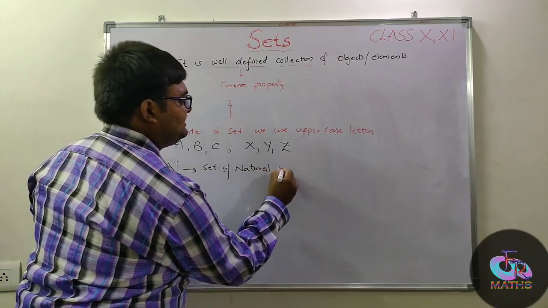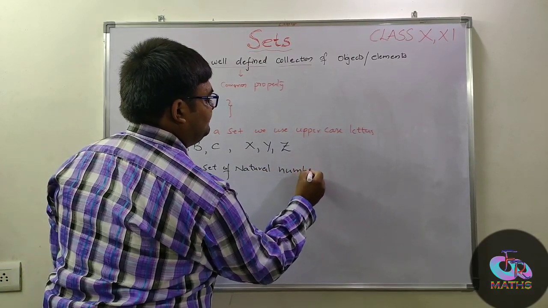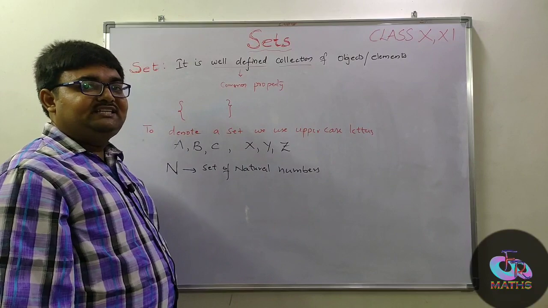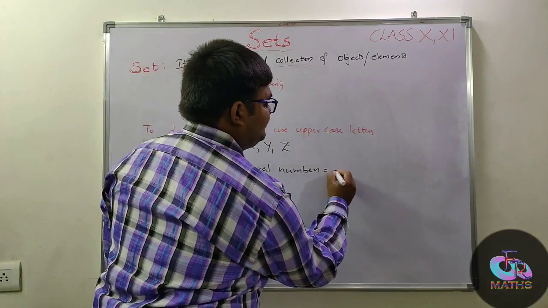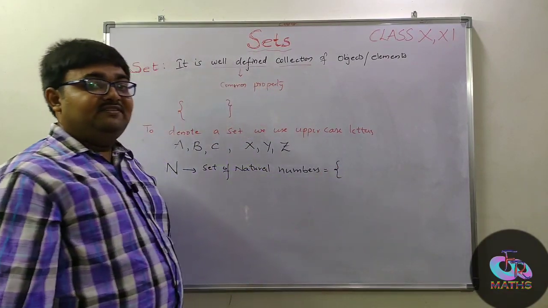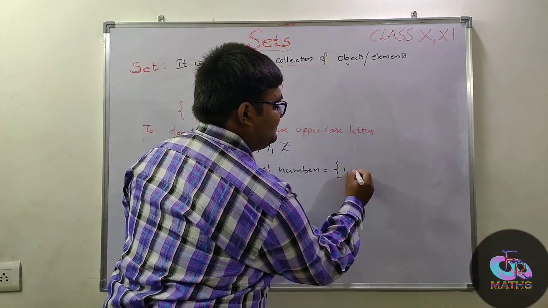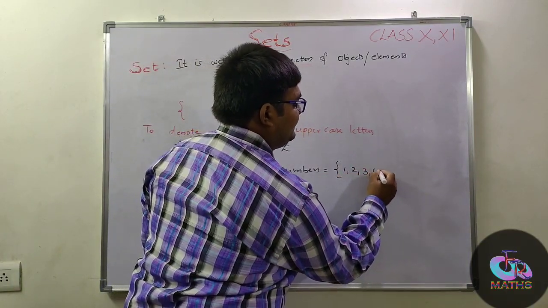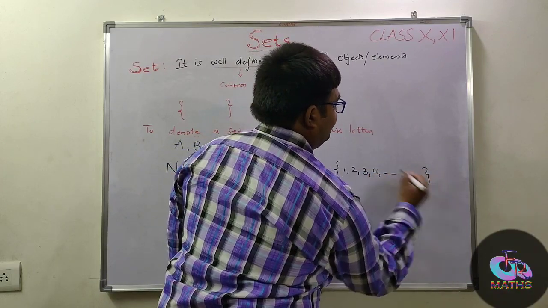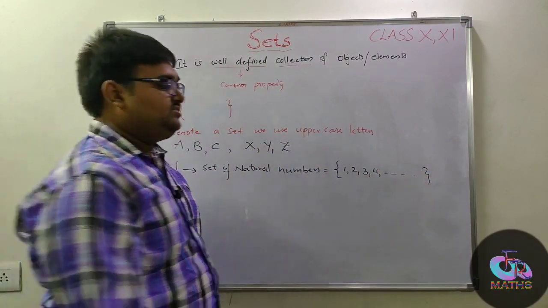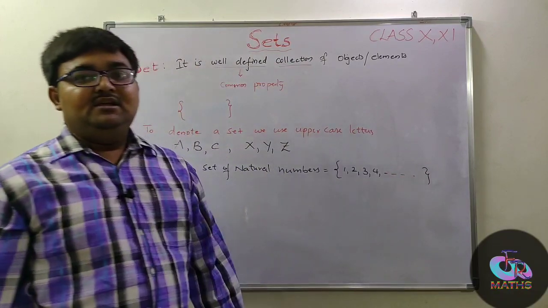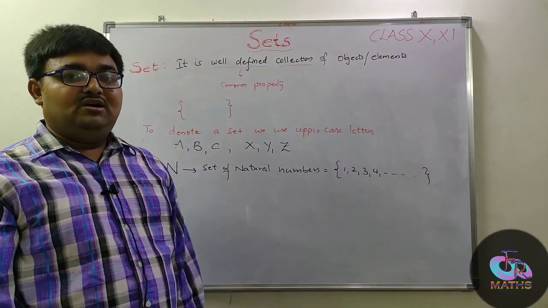It is represented within braces: you have an opening brace, and in it you have the numbers till infinity. These dotted lines we represent as 'and so on'.